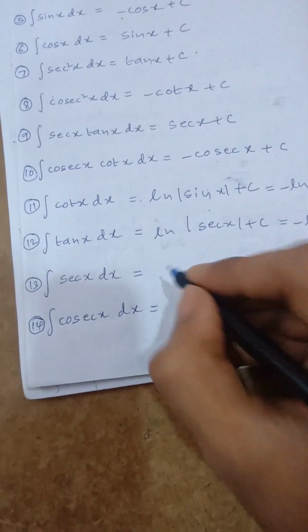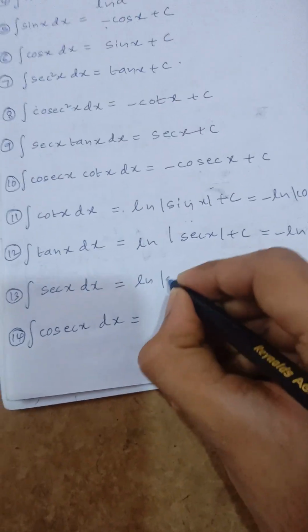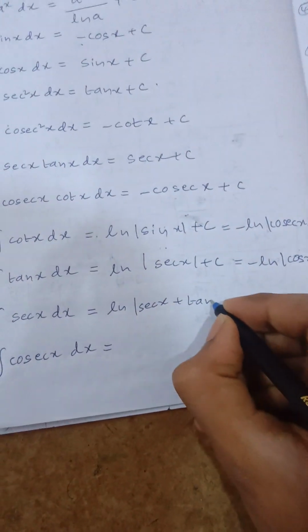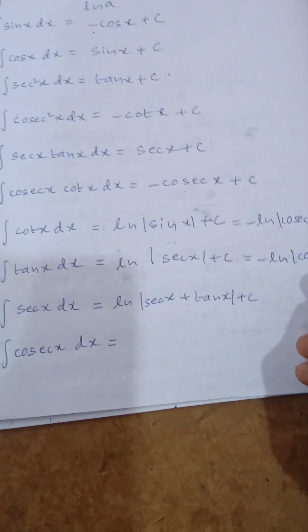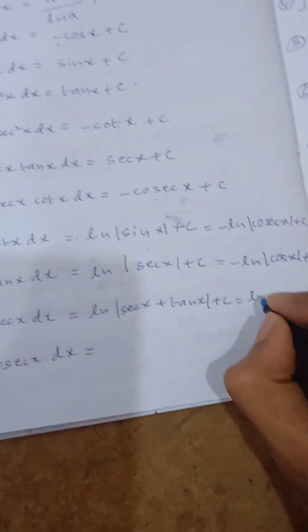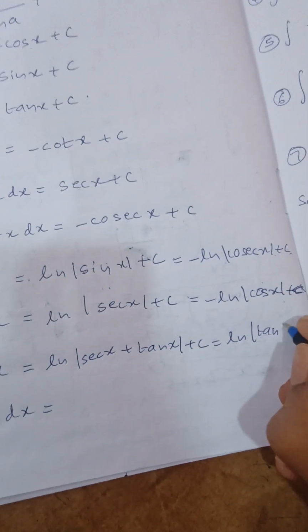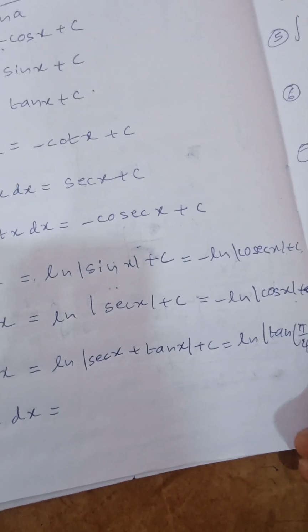Integration of secant x dx is ln mod secant x plus tan x plus c. Otherwise you can also write it as ln mod tan of pi by 4 plus x by 2 plus c.